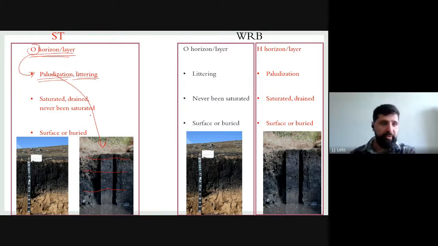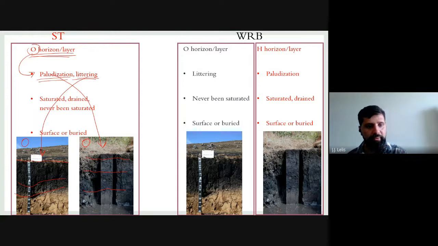But we also have the littering process, which is the concentration of organic matter in non-waterlogged conditions. So I can have a lot of oxygen, but I still have a lot of organic matter, and so I also have an organic horizon, an O horizon or O layer.